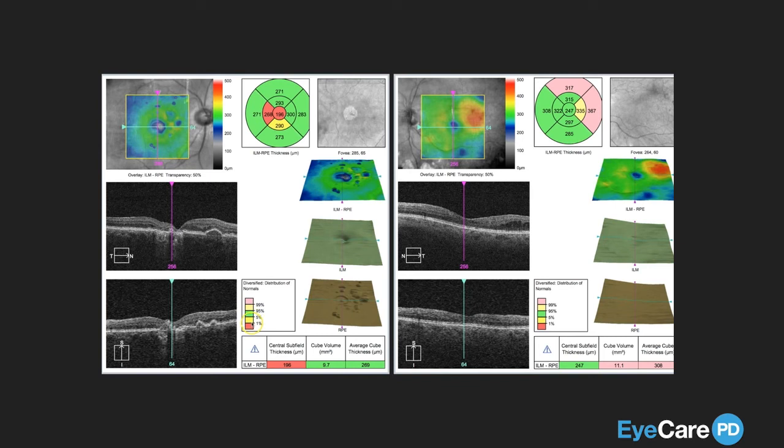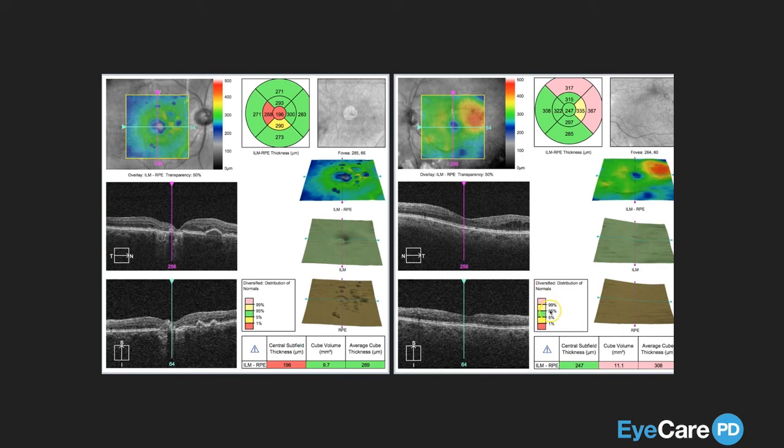So again, to show you the adjacent example, when you look at the actual thickness map, you'll notice that this area is red or thicker than normal. But when you look at it in terms of a statistical analysis in this section here, you'll notice that those areas are now labeled pink or this very light straw color, which indicates, if you look down here at your distribution, that those areas are thicker than normal.